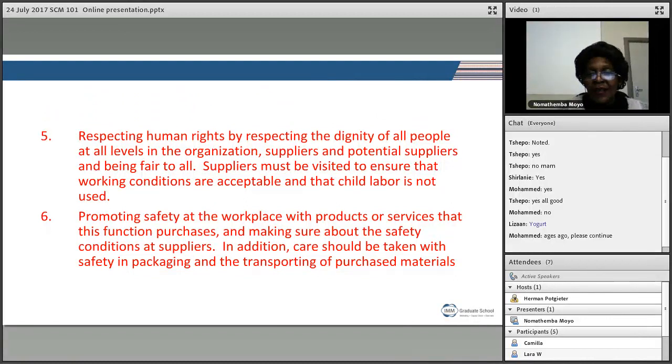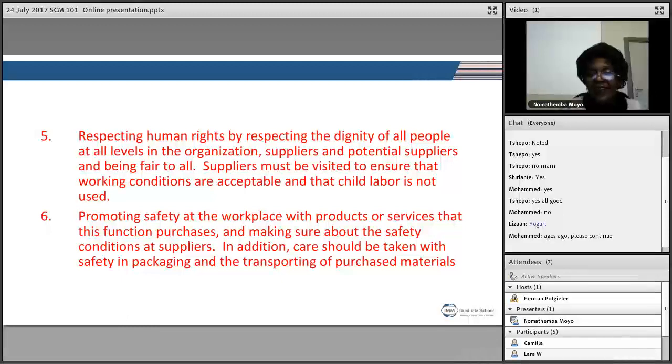Respecting human rights by respecting the dignity of all people at all levels in the organization, suppliers and potential suppliers, and being fair to all. We are respecting all. Suppliers must be visited to ensure that working conditions are acceptable and that child labor is not used.